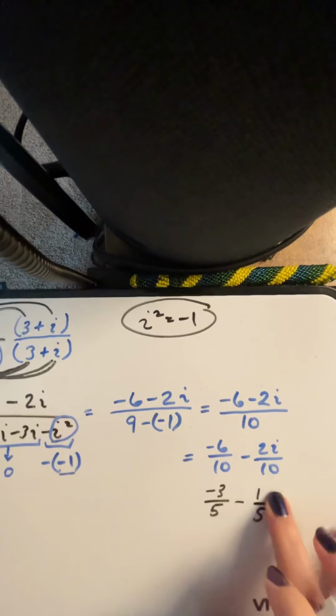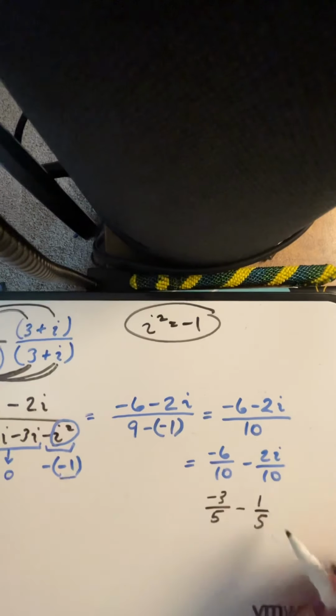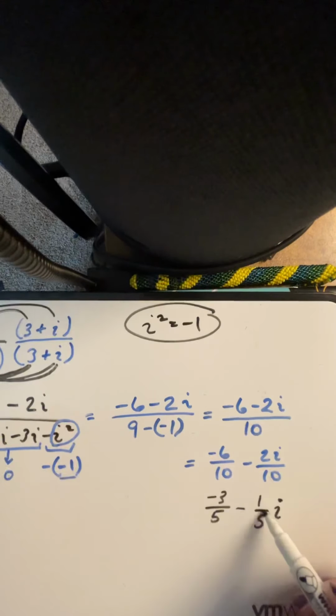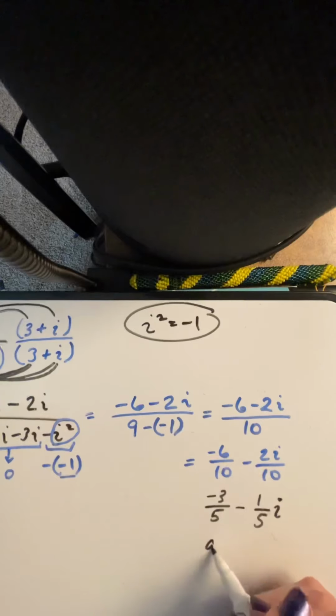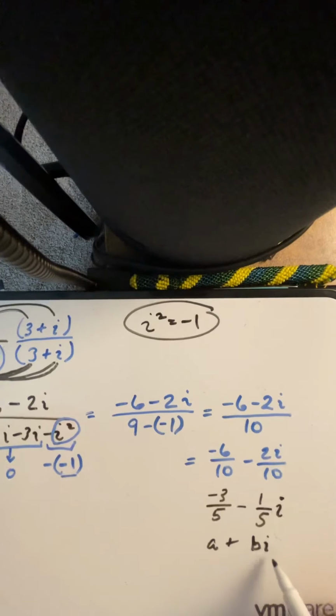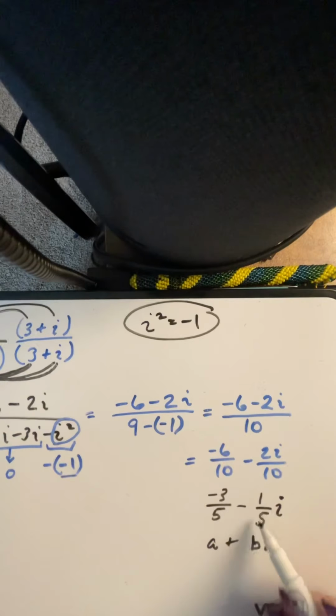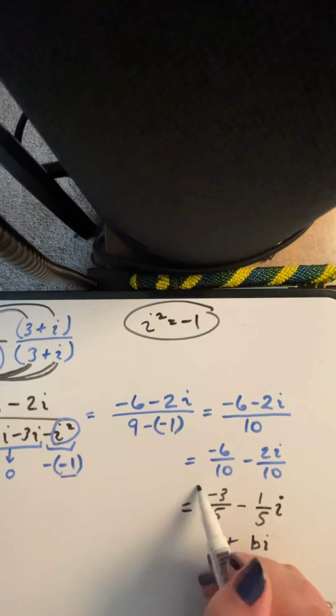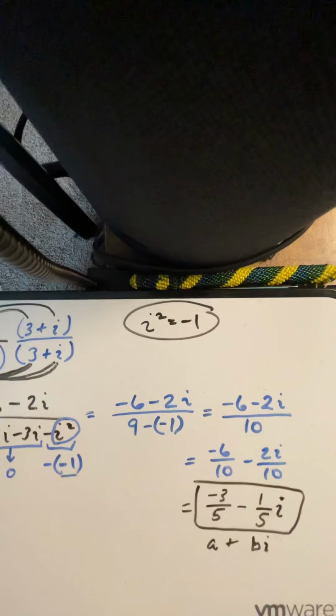Or you could write it as 1/5 i. It should accept either response. Some people like it like this because it looks more like the a plus bi form, because the coefficient on the i, the multiplier here, is a 1/5. So that is our final solution for that.